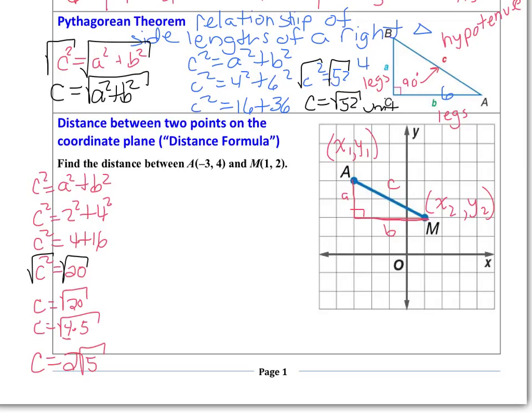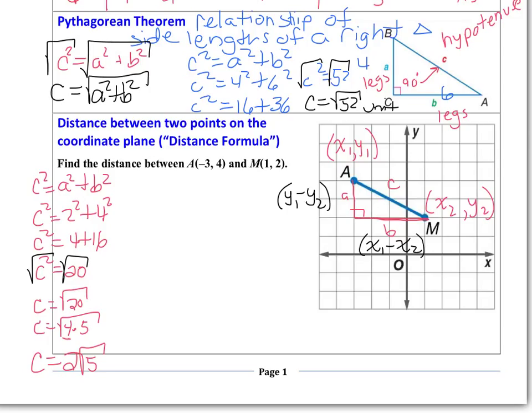So we can represent this side a as just y sub 1 minus y sub 2. And likewise, this side here is only changing in the x dimension, not in the y. So I can represent side b as the difference between the x locations.